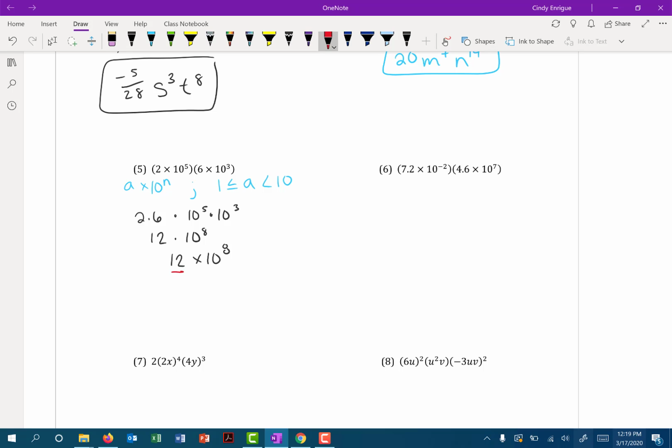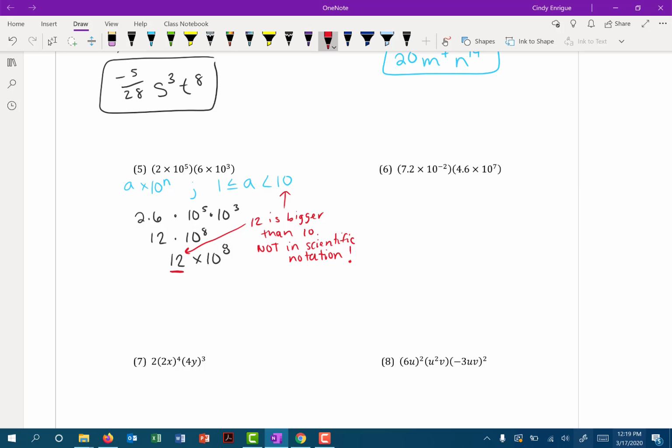The problem here is that this 12 is bigger than 10. So this is not in scientific notation, because in scientific notation, it has to be strictly less than 10.